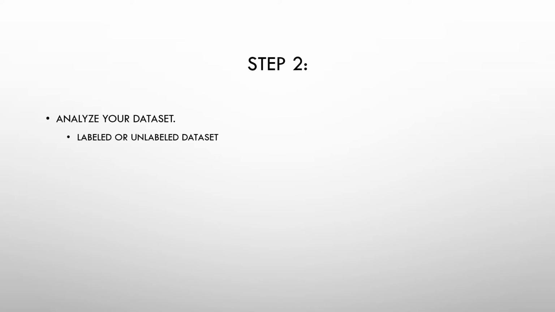State means in which state those people are affected, so that state will be represented. In such cases, when you are looking into the data set, those three fields are named. Such a data set is called a labeled data set.